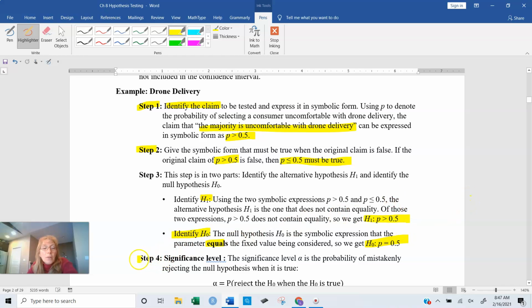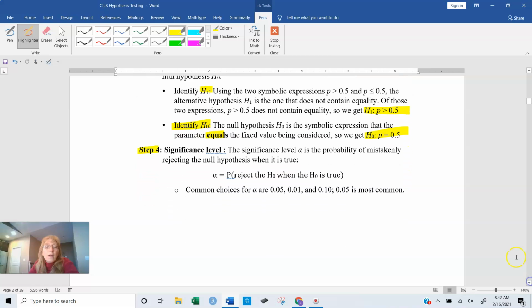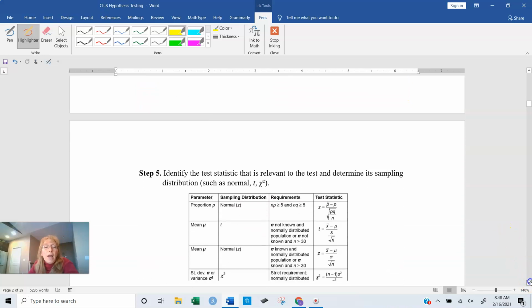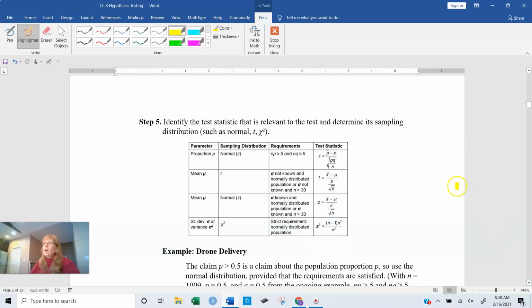What significance level do we want? And if it does not tell us, we use 0.05. All right, common choices are 0.05, 0.01. We're going to use this if it's not stated. So we've got 4 done. Now we're up to 5. We have to identify what we're going to use.